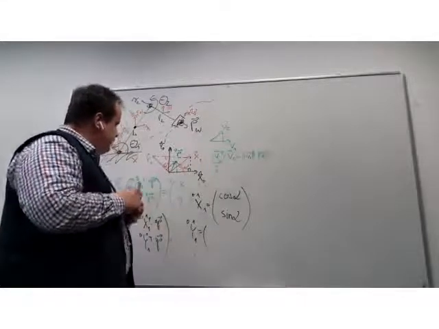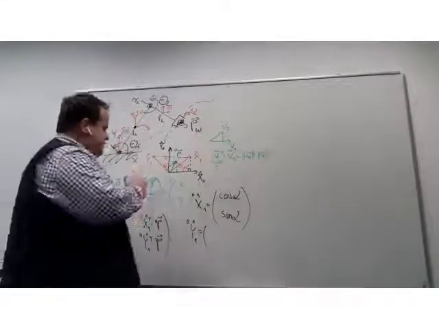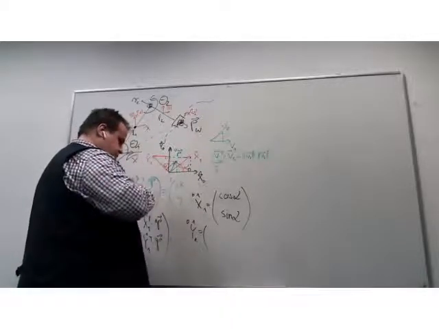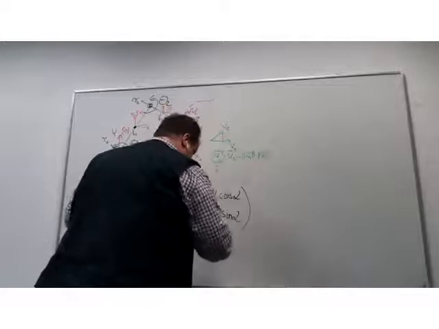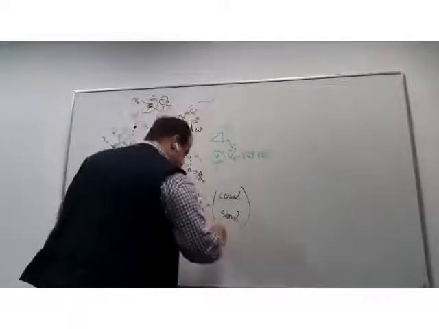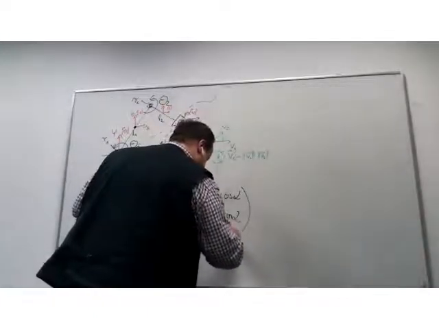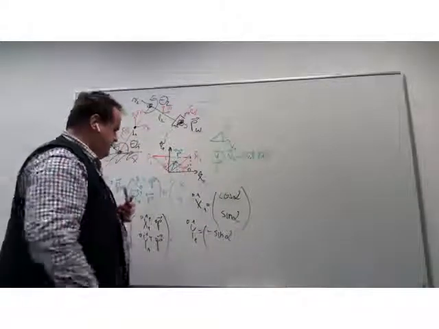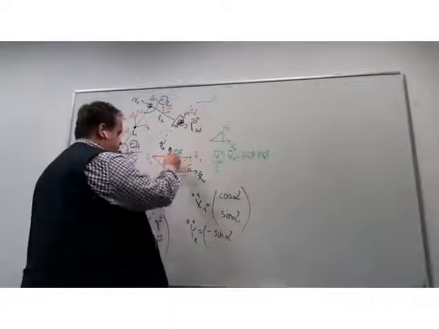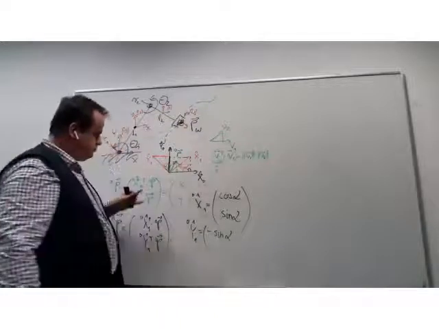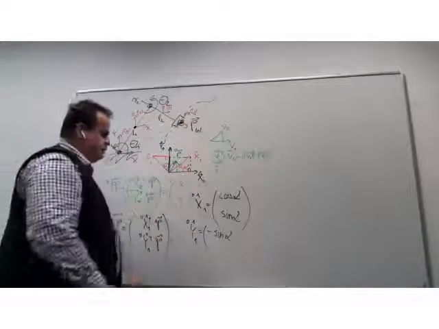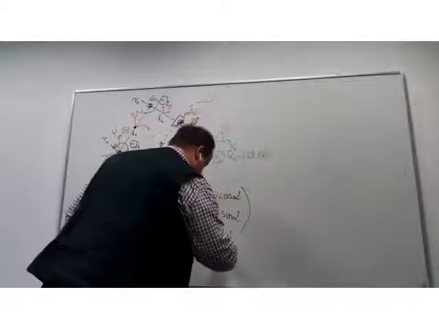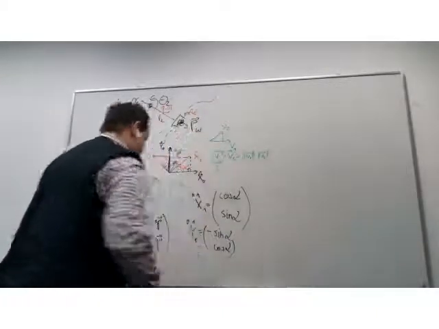So we see that the x direction, this component, is just minus sine alpha, just because this length is 1, and the corresponding y component projected on the space is just cosine alpha.